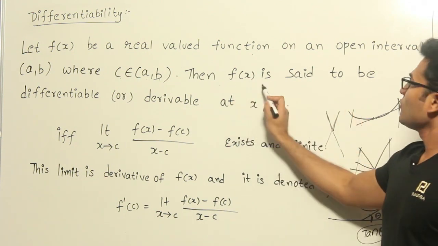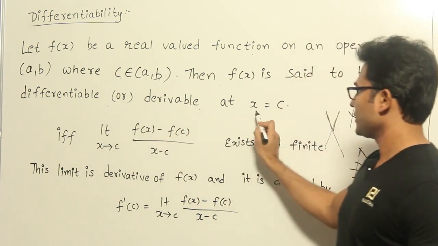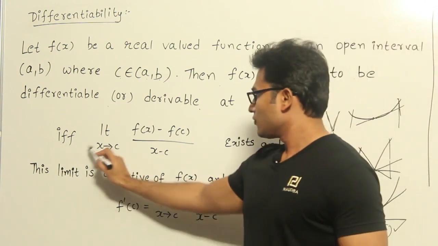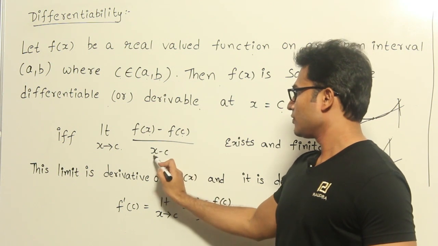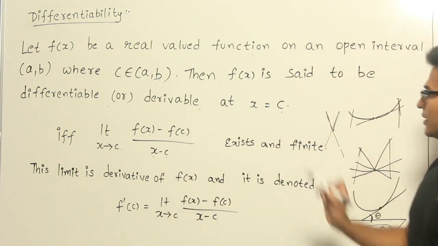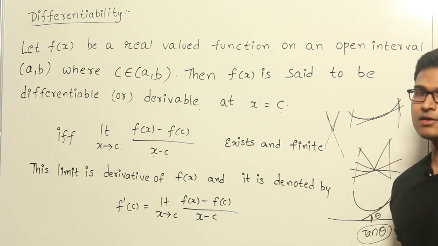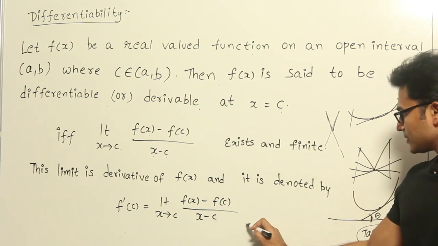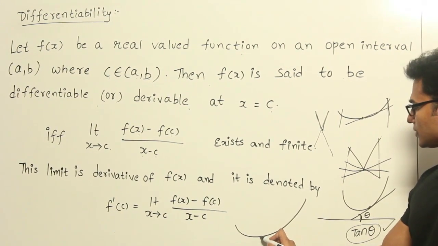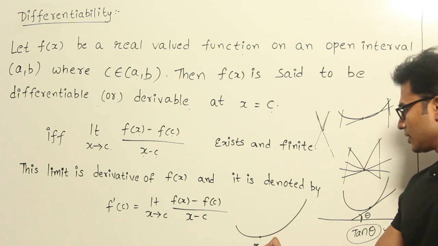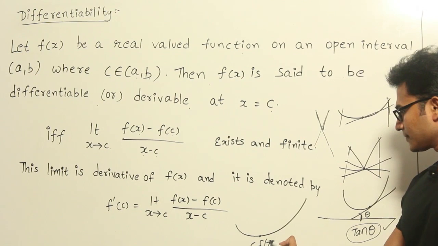Then f of x is said to be differentiable, or derivable, at x equal to c if the limit as x tends to c of (f of x minus f of c) divided by (x minus c) exists and is finite. What they are trying to say by this expression is, let us say this is the function, and assume this is a point on the function. Let's call it (c, f of c).